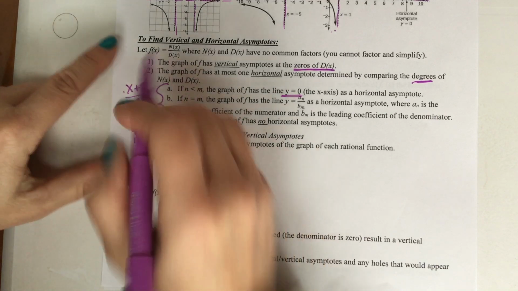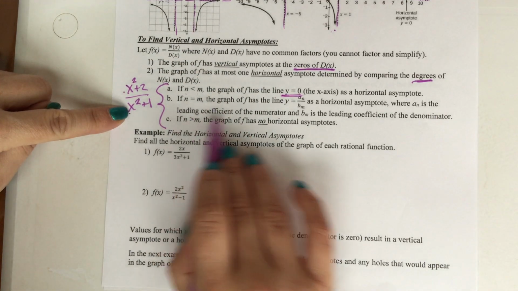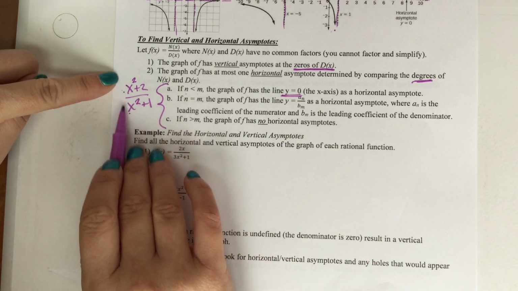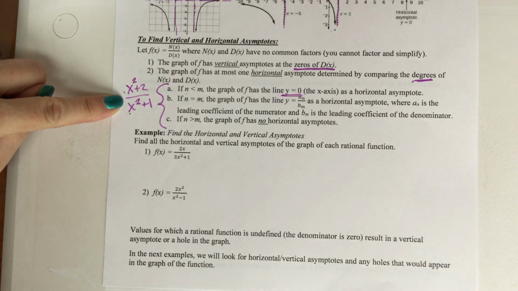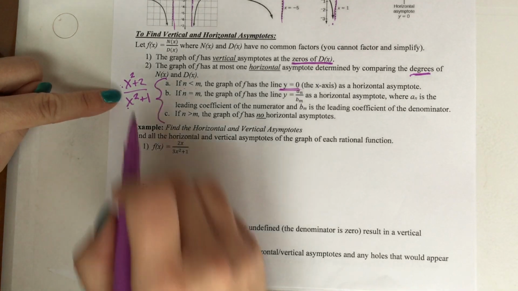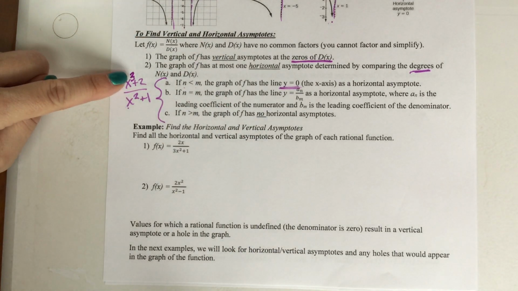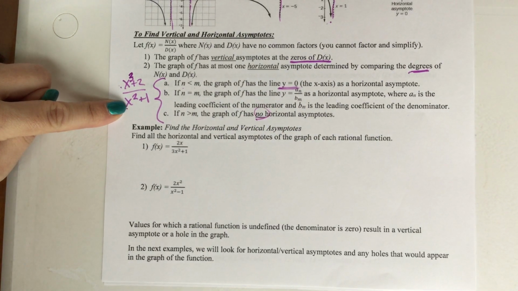If your degrees are equal, let's say this is x squared and this is x squared, you take the leading coefficients. So in this case, it would be 1 over 1. That's where your horizontal asymptote would be. You divide the leading coefficients. If the top degree is larger, if this is a 3, you have no horizontal asymptotes.